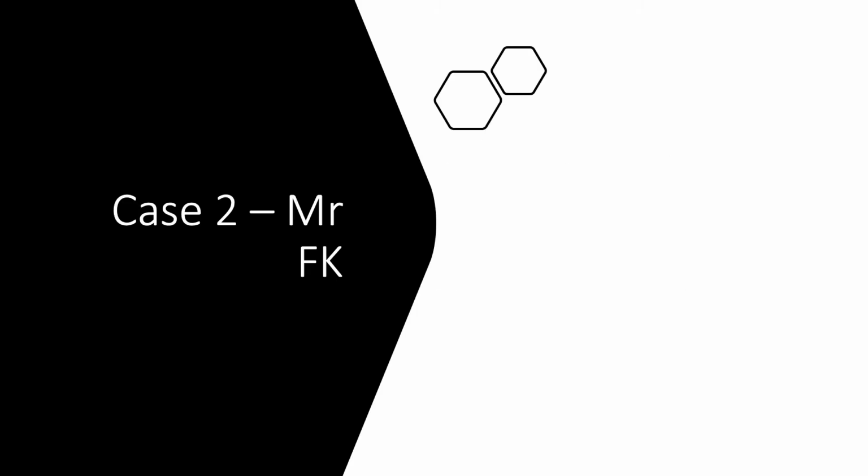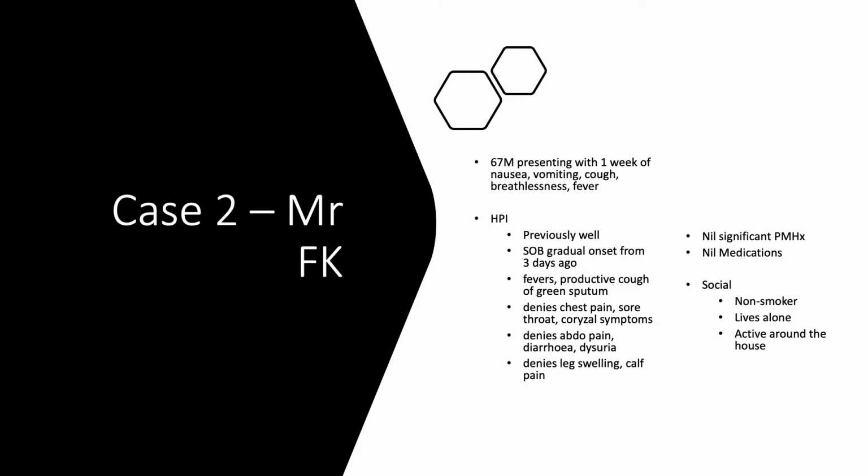So moving on to our next case, Mr. FK. He's a 67-year-old male presenting with 1 week of nausea, vomiting, cough, breathlessness, and fever. So a whole host of things happening there. He was previously well before this occurred, and he's had a gradual onset of shortness of breath from 3 days ago.